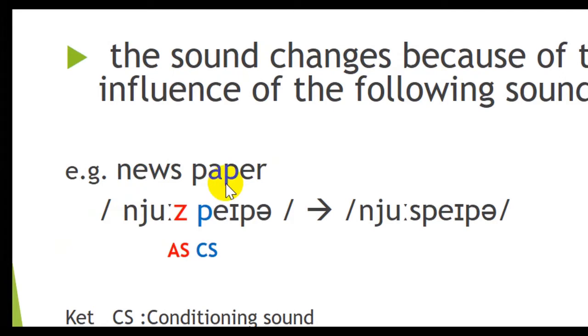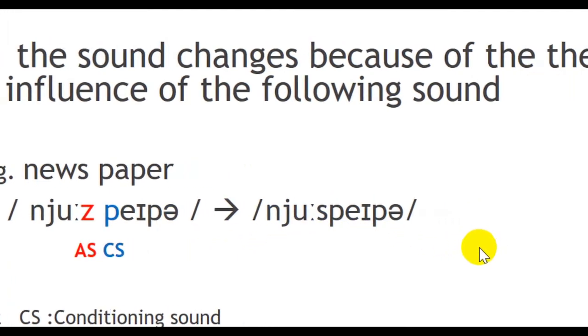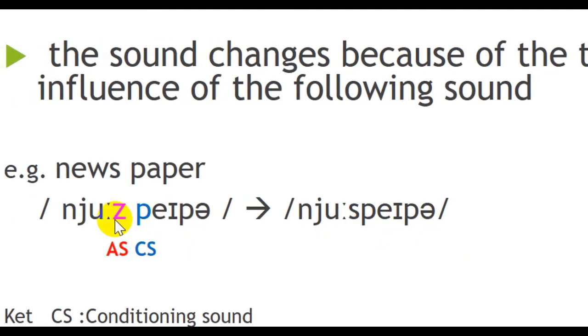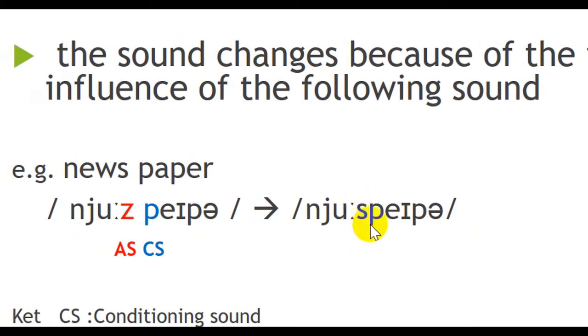If you see the pronunciation of the word individually, news is like this. And then if you see the word paper in the dictionary, the transcription is like this. However, if you see the word newspaper, it becomes like this. See the difference? Here it is z, and then here it is s.